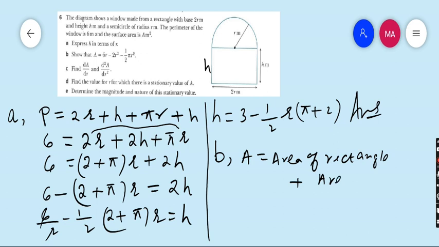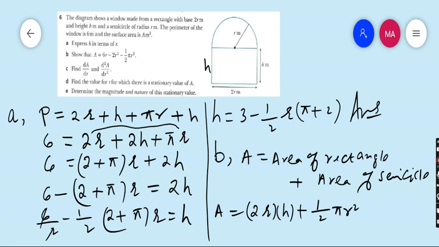This is called the area or the surface area. So A is equal to the area of the rectangle, 2r multiplied by height h, because the formula of the area of a rectangle is length into breadth. Length is 2r, breadth is h. The formula of the area of a semicircle is 1 upon 2 pi r square.